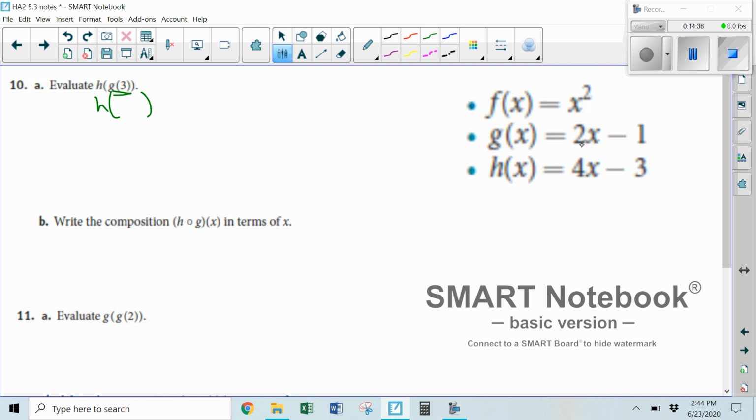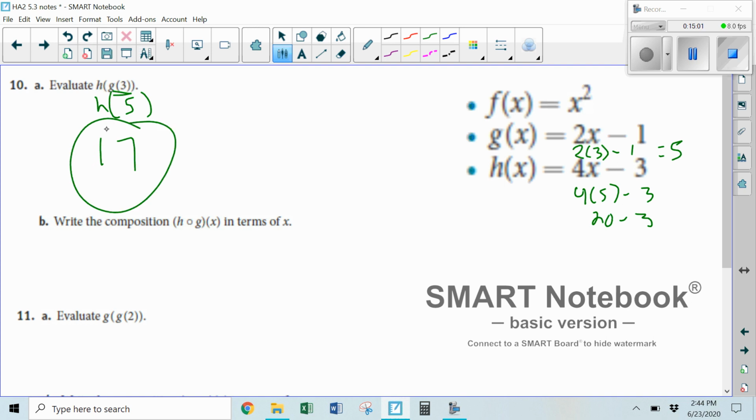So let's find g of 3, which is 5. And now I have to plug 5 into the h function. So I get 17.